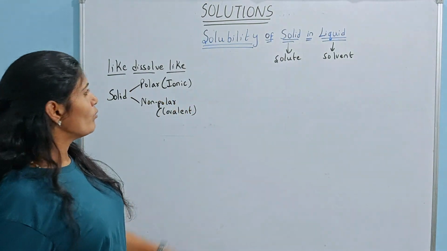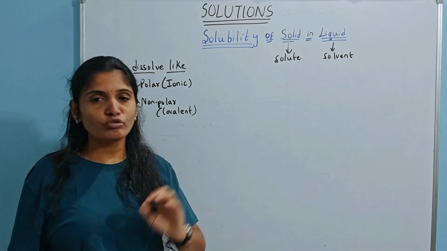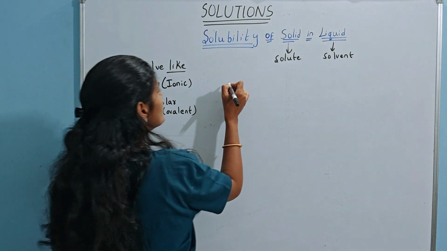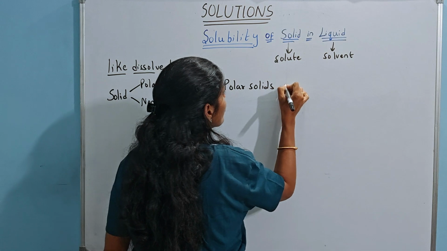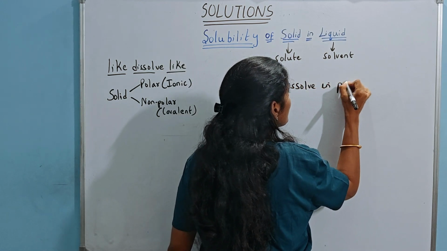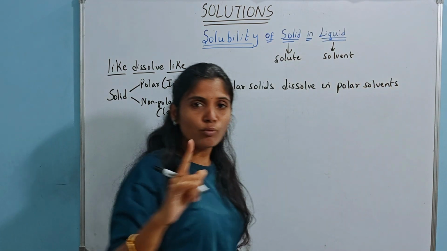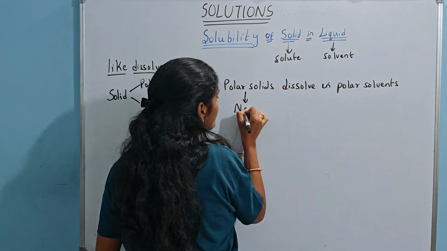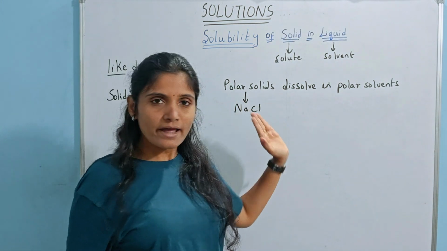When we talk about polar solids, or polar solute, and we say like dissolves like, we say that polar solids dissolve in polar solvents. For polar solids here, I am just taking the example of NaCl. You know Na plus and Cl minus, cation and anion, exist in this ionic compound.